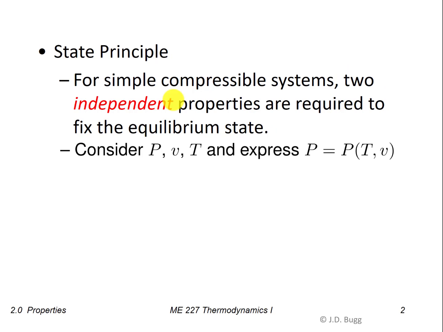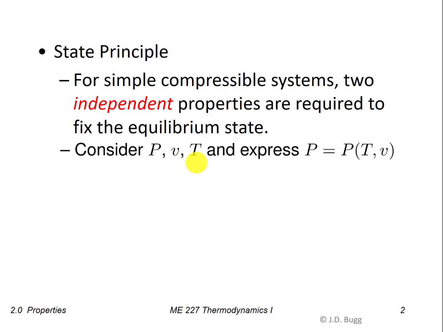So there are a lot of thermodynamic properties that we're going to be talking about, and we introduced a long list of them in the introduction to the course. But for the next little while, we're going to talk about only three properties: pressure, specific volume, and temperature. So P, V, and T. Now the state principle here says that any two independent properties are required to fix the equilibrium state.